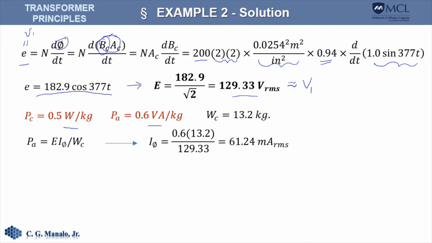We know the exciting volt amperes per kilogram can be equated to this expression here. So this is the applied voltage times the exciting current divided by the total weight of the transformer. And from this, we can solve for the exciting current, and that should give us this result here.